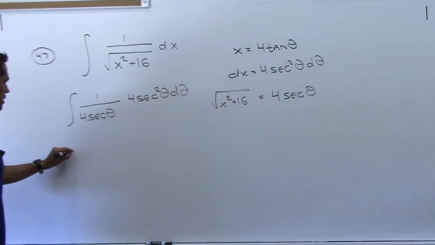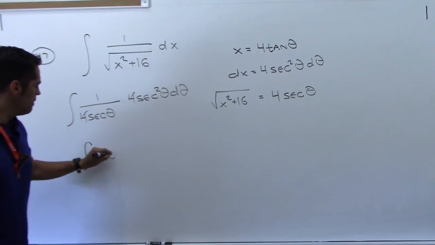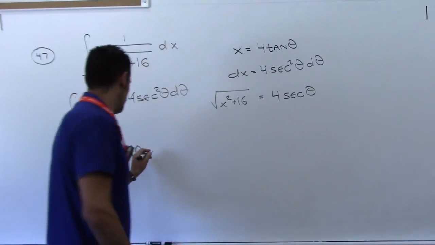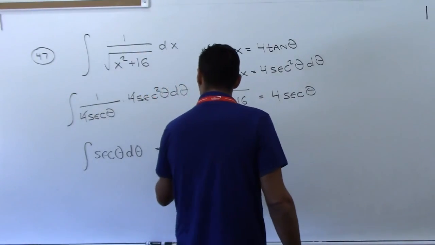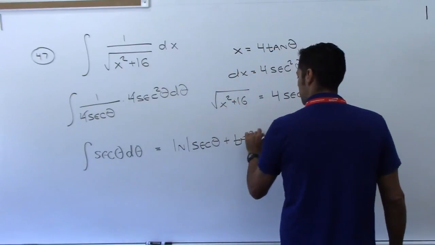Ah, this one's real clean. The 4's cancel. You just get the integral of secant theta d theta. We good so far? And then that's just a formula, right? What is it? Natural log of secant theta plus tangent theta.